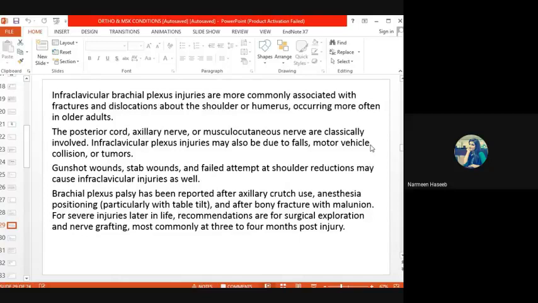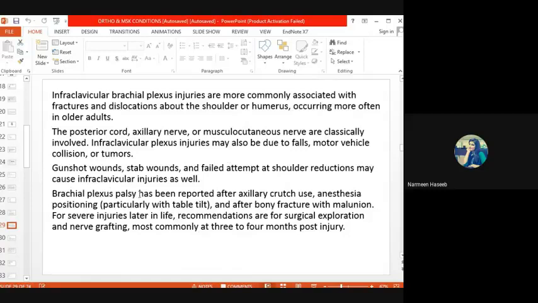Gunshot wounds, stab wounds, and failed attempts at shoulder reductions may cause infraclavicular injuries as well. So you see why we avoid the reductions or such things in unfavorable hands.